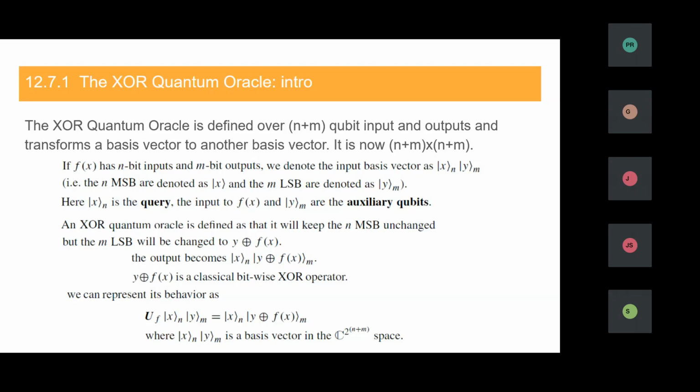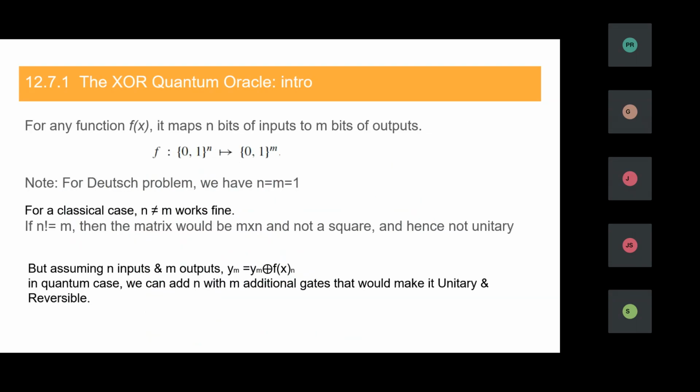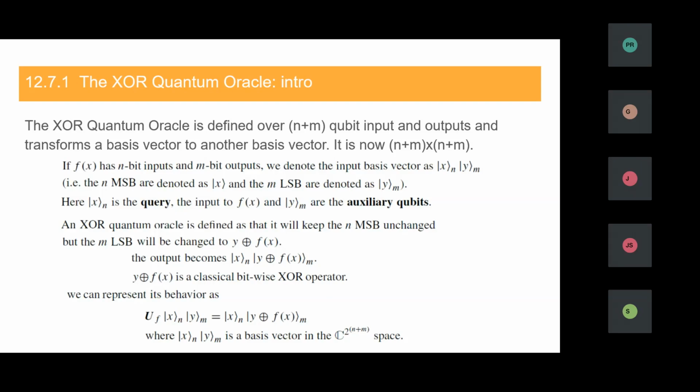Okay, so what we can do is implement these quantum oracles, and let us now understand what these quantum oracles are typically supposed to give us. We have two types of oracles. They are called the XOR oracle and the phase inversion oracle.